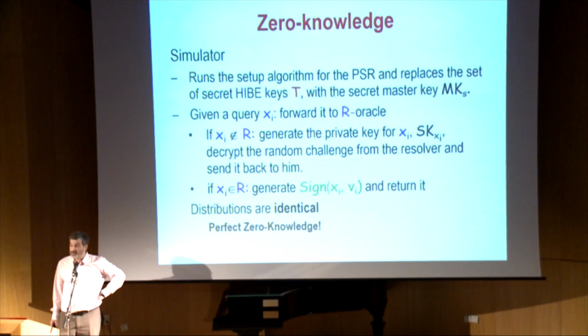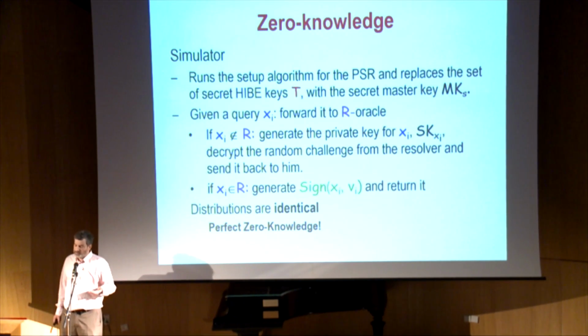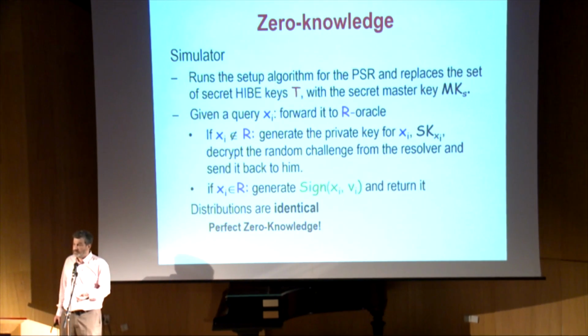So we have perfect zero knowledge in this case. Soundness is only computational, right? If you can break the HIBE, then you can cheat. But in terms of zero knowledge, we have perfect zero knowledge, and you're not revealing anything about the size of the set R.